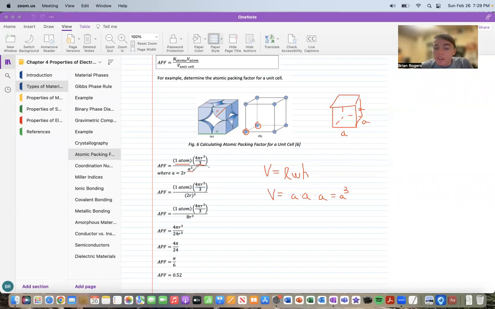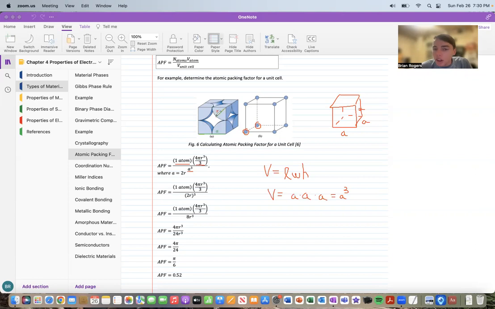What we're going to do is substitute in for A so that it cancels out one of our other factors. We can rewrite A in terms of R, to try and cancel the R in the volume of the atom equation. Our A, the side length, isn't that 2 radiuses? Our radius is given here.